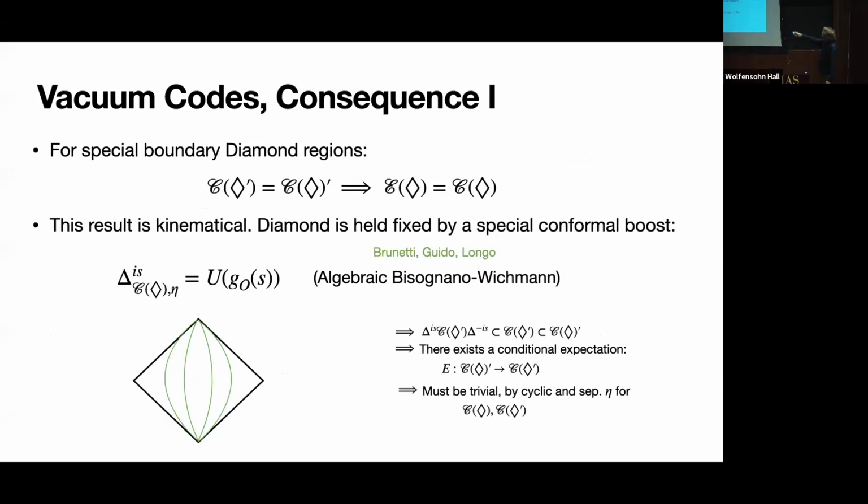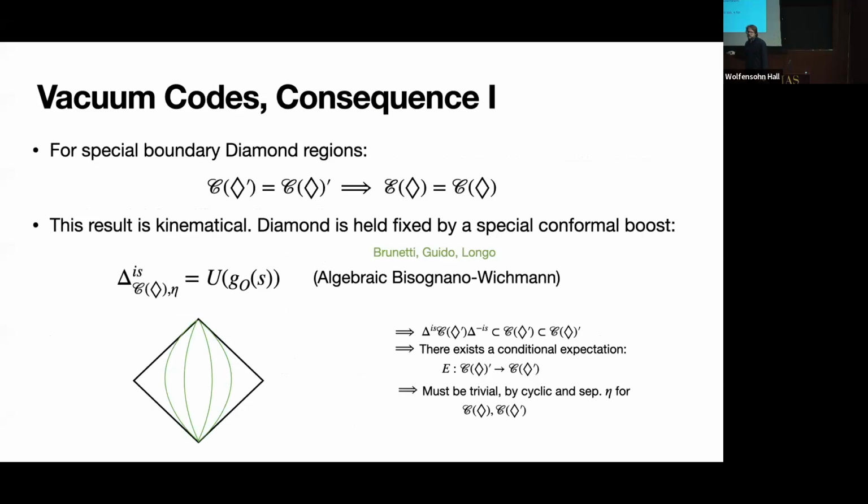And vacuum codes have some consequences. The first consequence is that for the special boundary diamond regions, which is the intersection of the past and future of the light cone of two points, you can prove that the causal wedge is already maximal. That means that the entanglement wedge equals the causal wedge.